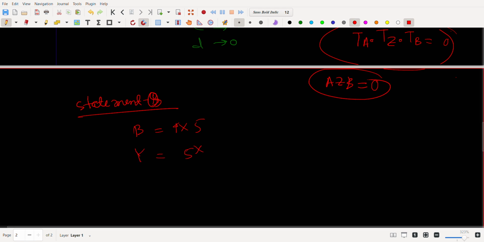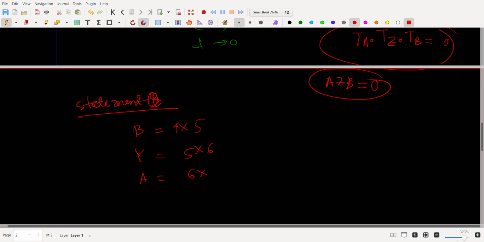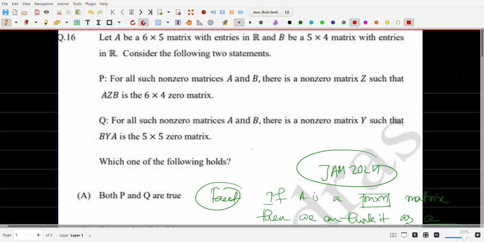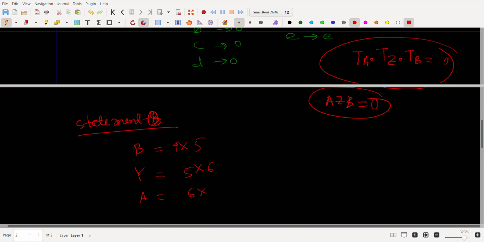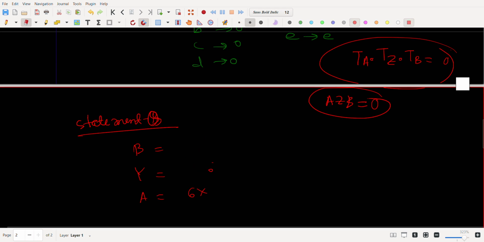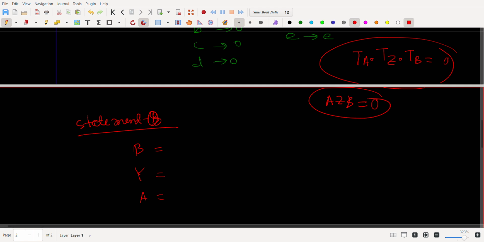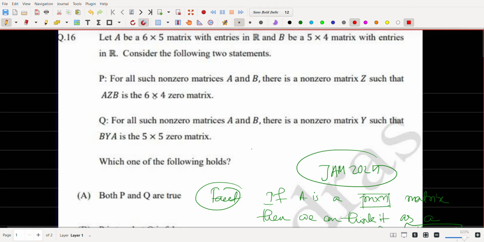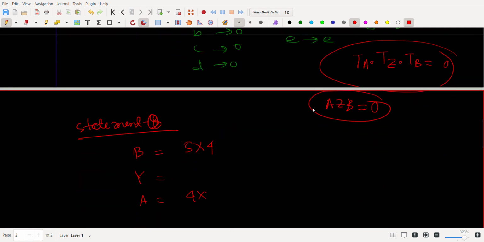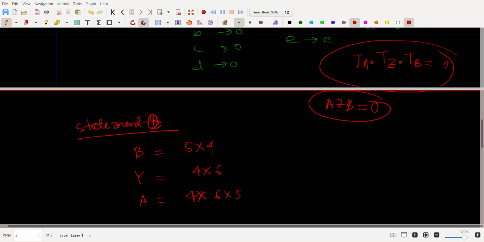B is 5 cross 4, A is 6 cross 5, so Y must be 4 cross 6.